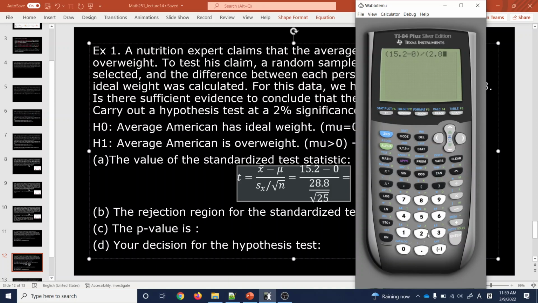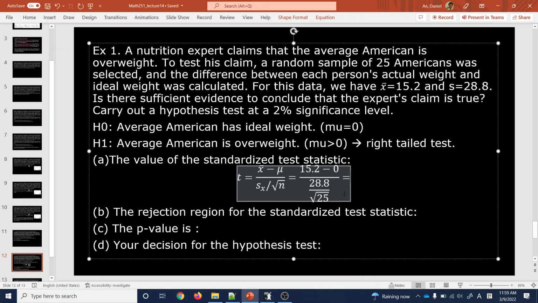Missing that would cost you. Then divide by the square root of 25, which is 5. Press enter, and you get 2.639.